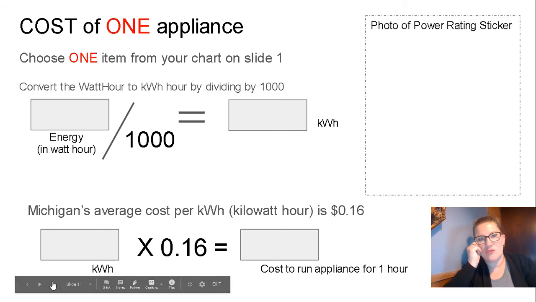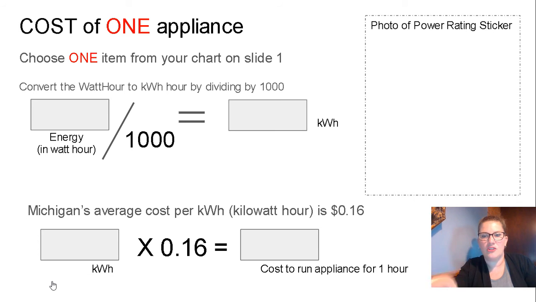For this one, choose the one that has a full sticker, because you're going to take a photo of the power rating sticker. I created a video to show you how to do it easily using your web camera, and slide it right into Google Slides. You're going to convert the watts to kilowatts.